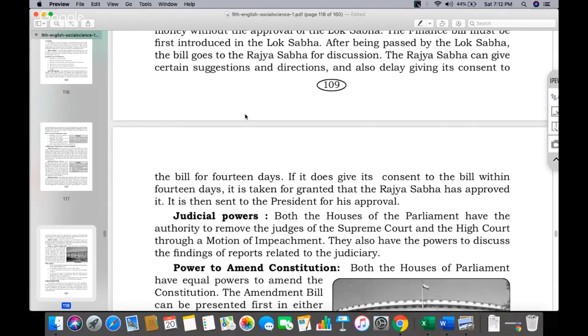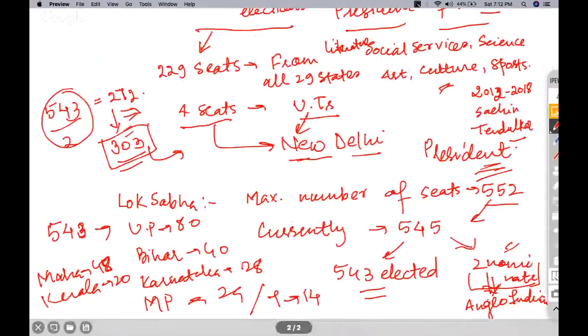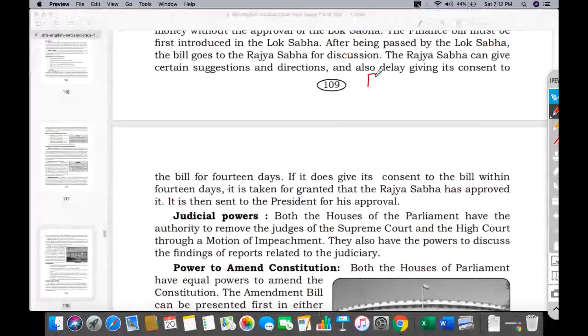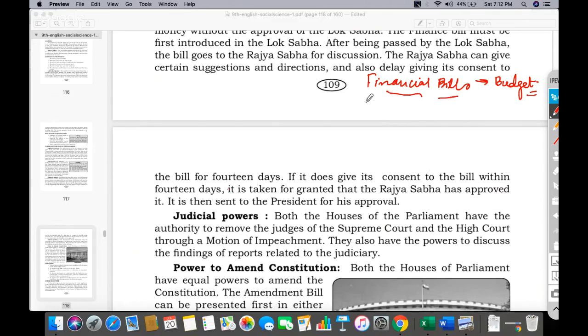Try to understand, I'm only discussing financial bills, and in financial bills budget is also included, like on July 4th, I think, or July 6th, whenever the budget was presented by our respected finance minister. So budget also comes in finance bill.